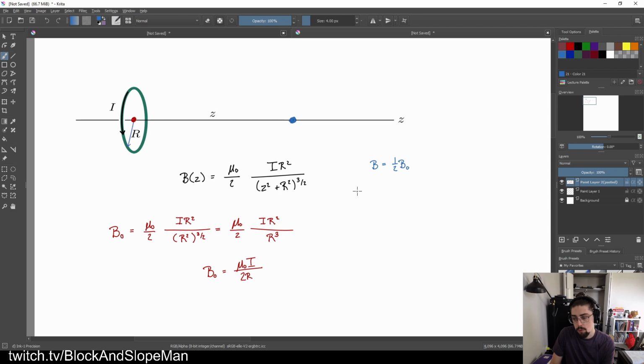So this does have some sort of z component, so I'm going to need to write all of this equation out. So mu naught over 2 I r squared divided by z squared plus r squared to the 3/2 is equal to, I'm just going to move the 2 on the bottom right there. So mu naught I over 4r.